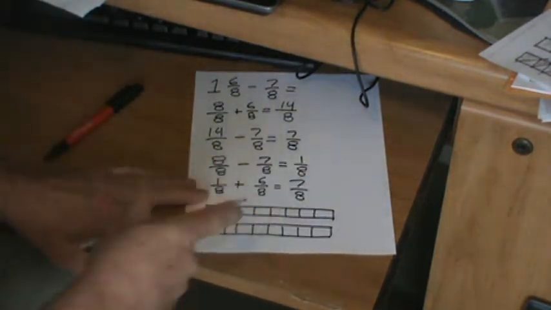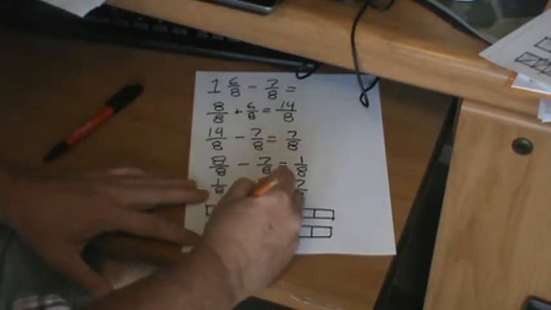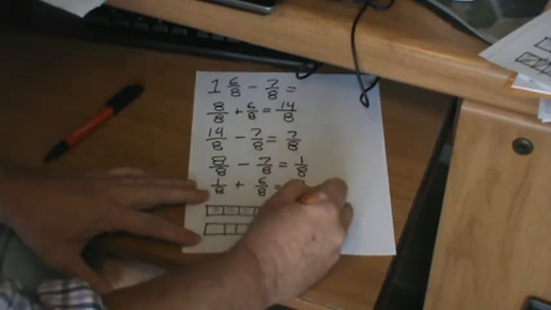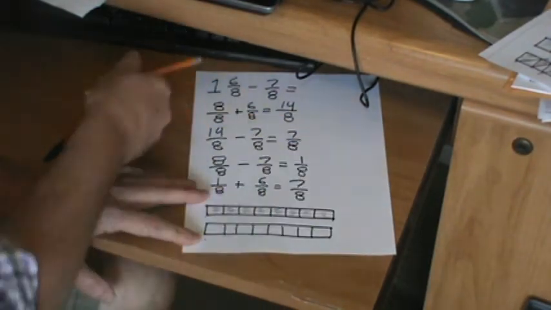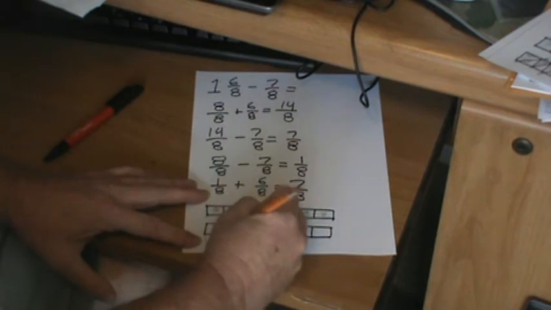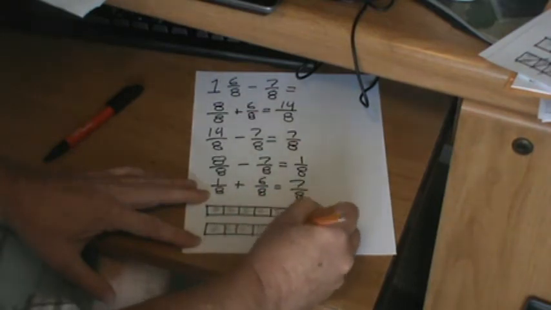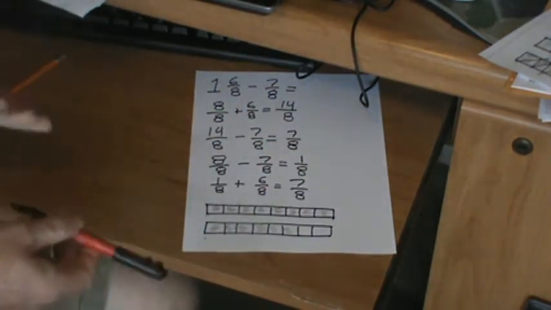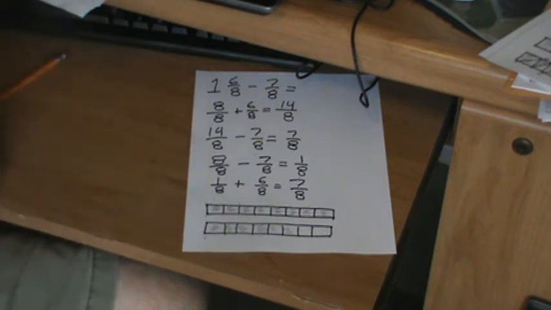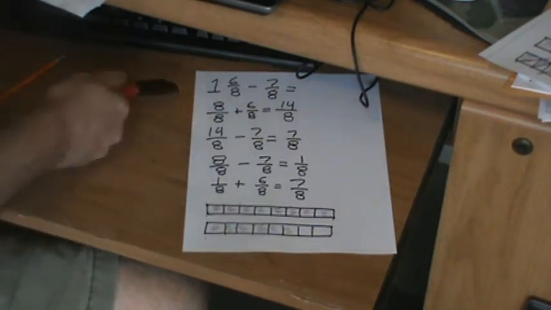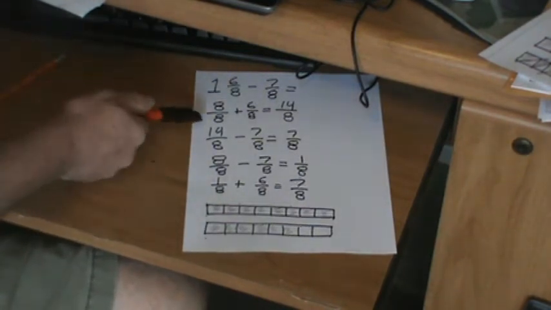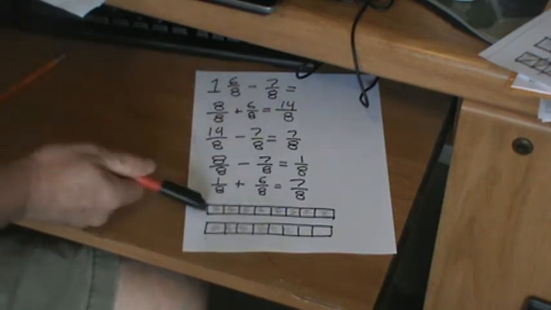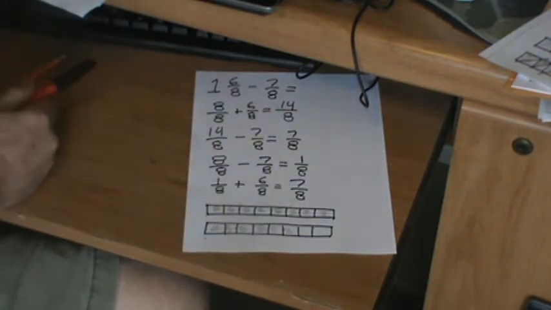So we have 8/8 and 6/8. So this is showing you 1 and 6/8. 1 whole and 6/8 are 8/8 and 6/8, or 14/8.